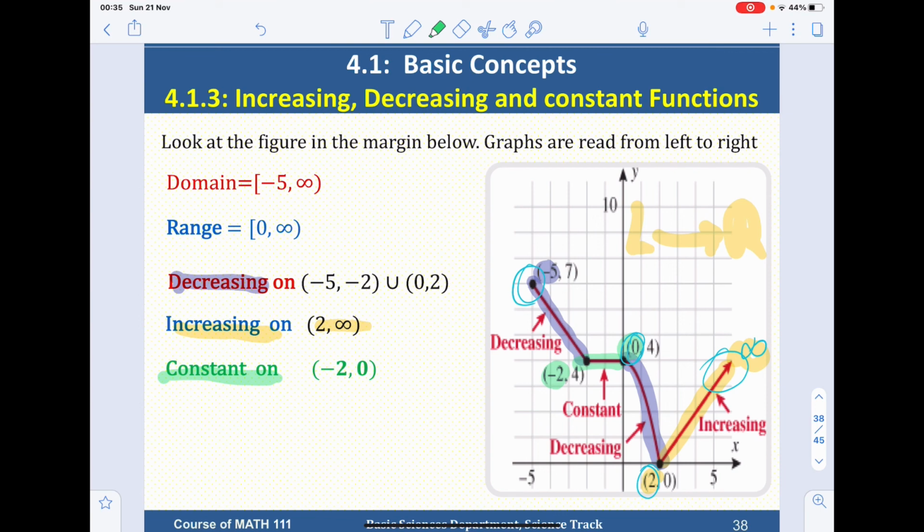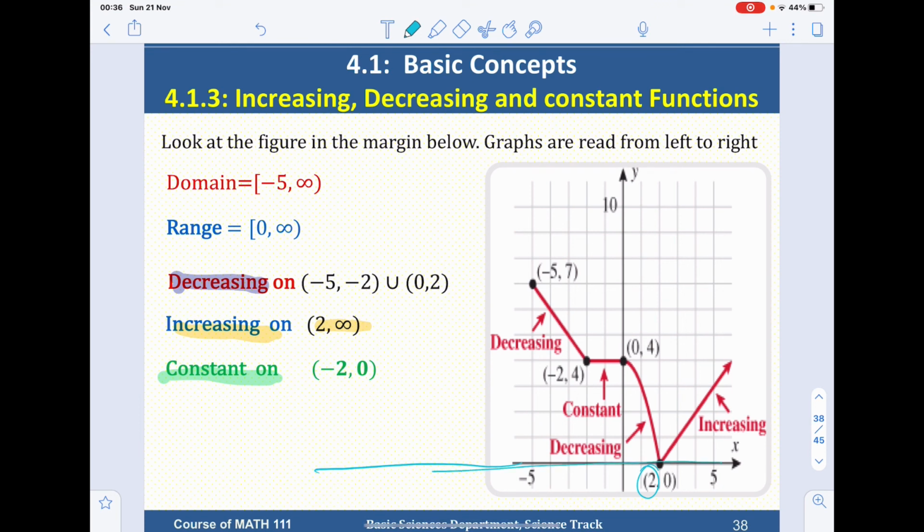Now, what is the domain of the function and the range of the function? To find the domain, you just notice where the graph is. This is the x-axis.